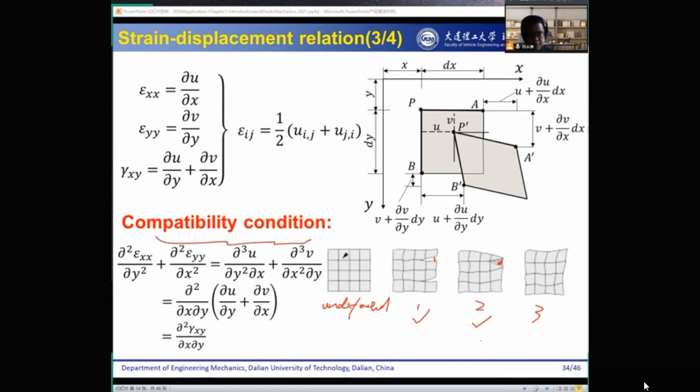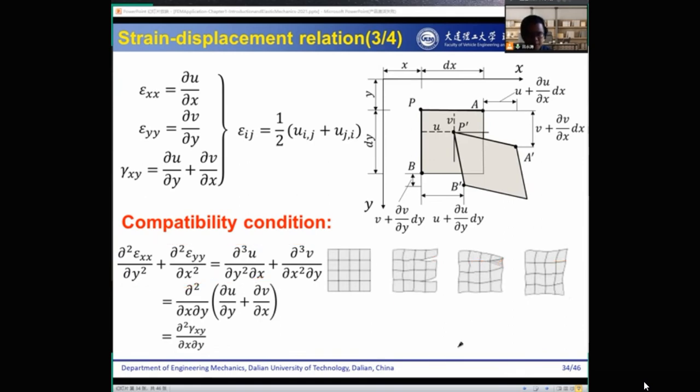This is the reason why we introduce it. The compatibility condition is that we set up additional, higher order equations in order to make the strain at the interface compatible, which means the parts will not separate from each other or overlap with each other.